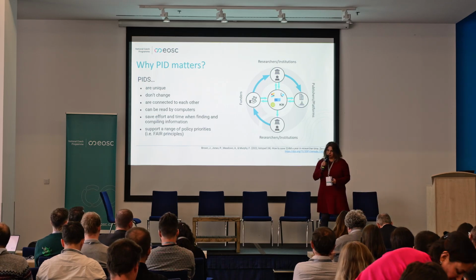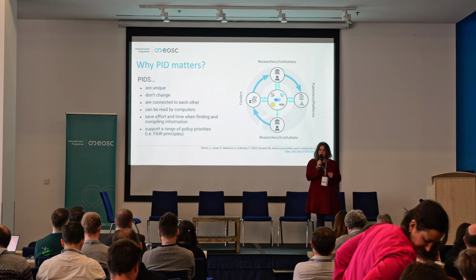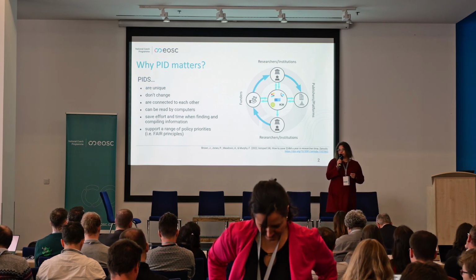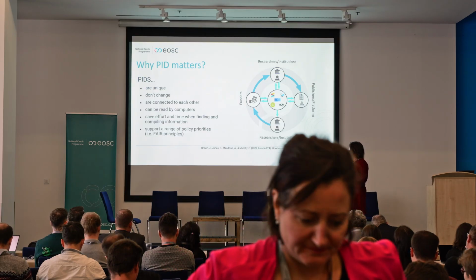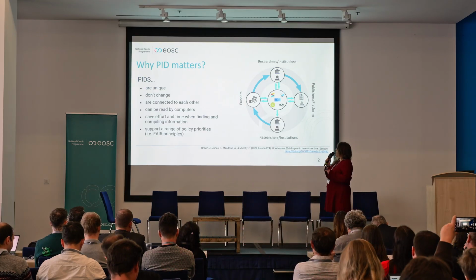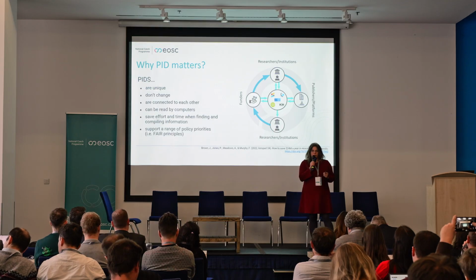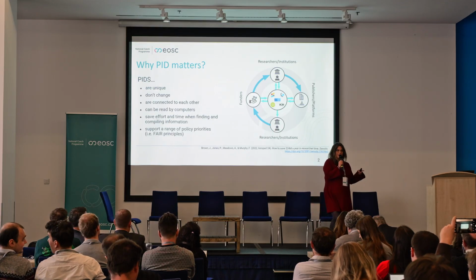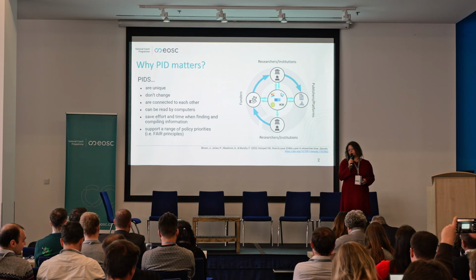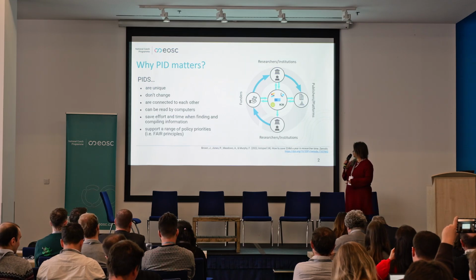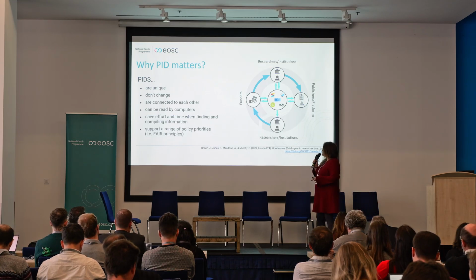It's the characteristics of persistent identifiers that make them invaluable in the research ecosystem. They are unique, they don't change over time, and they are connected to each other, which allows us to connect every entity in the research ecosystem and lifecycle effectively and easily.